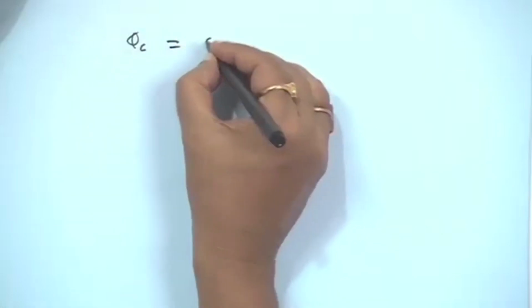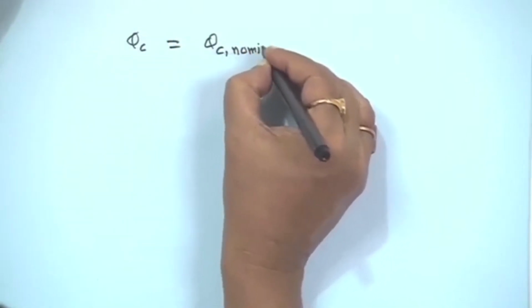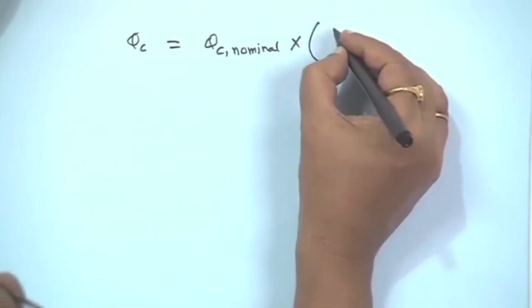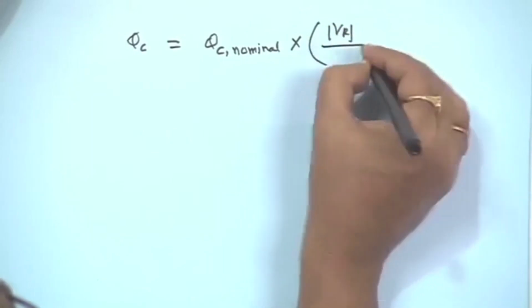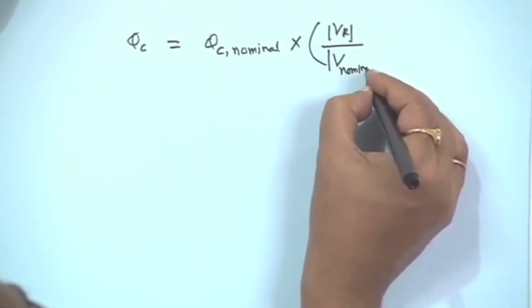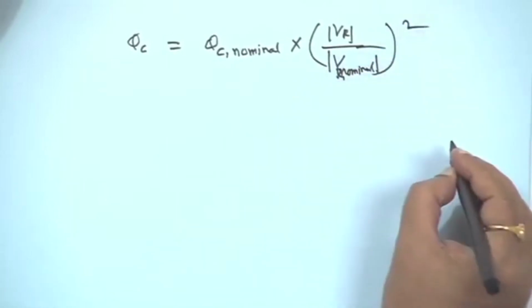That means QC is equal to QC nominal into the magnitude of VR divided by the magnitude of VR nominal, whole square.